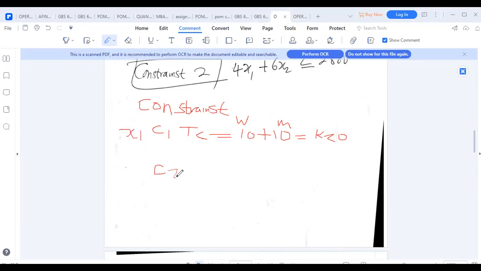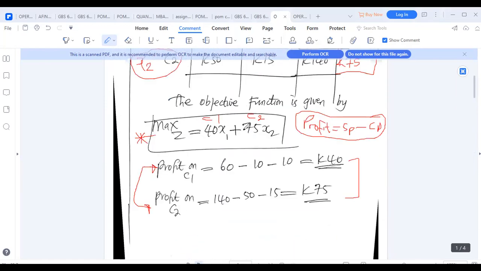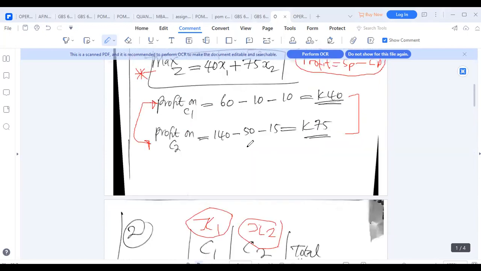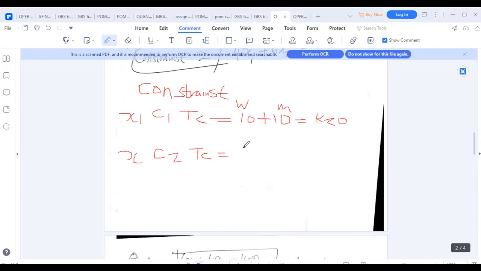Then for C2, which is x2, our total cost is going to give us the wages, which is actually 50, plus the material, which is 15. So the total is giving us 65.